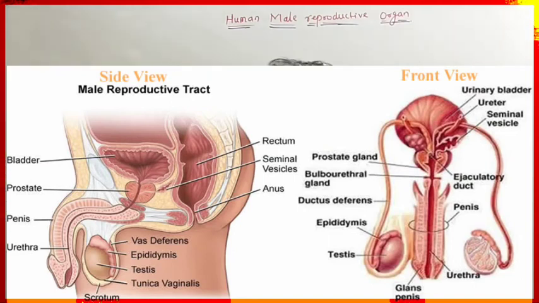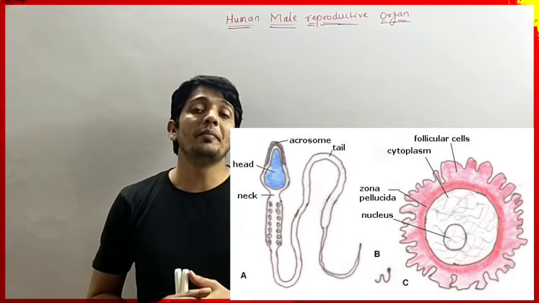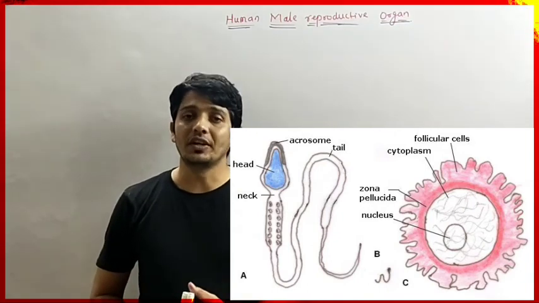The sperm needs a large amount of energy. For this purpose, fructose is present in the semen, which provides instant energy for the transportation and ejaculation of the semen. So this is how the male reproductive organ works.